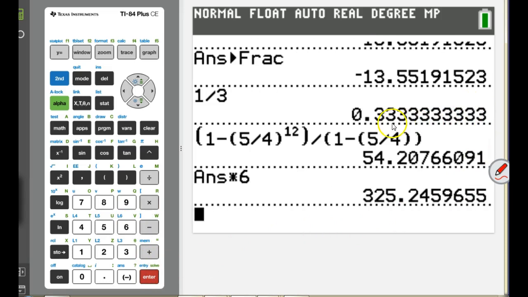I think this might be a terminating decimal. Do you see how if I type 1/3, it has more decimal places than this one does? I think it might end there, but anyway, it won't change it back, so we're going to go with it.